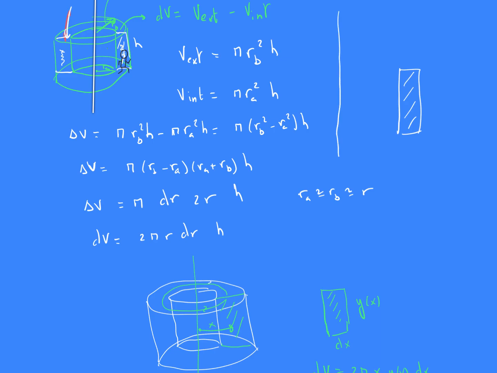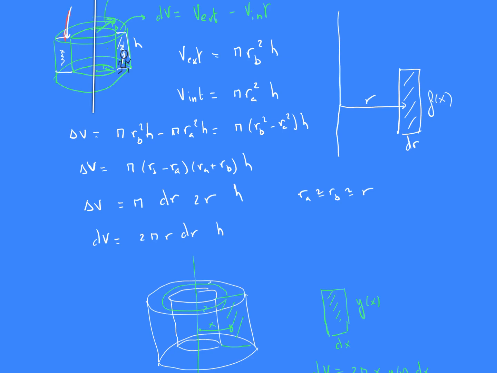I will see the distance from the axis to this element, this tiny door. So this distance is the r. This is the dr, and this is the h that will be, in most cases, the value of the function f of x.